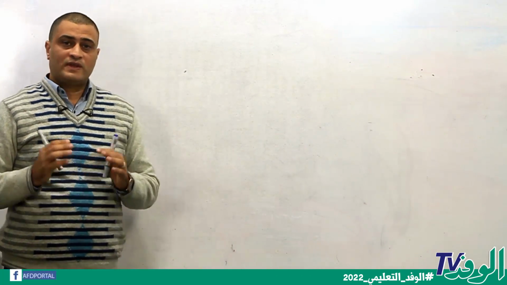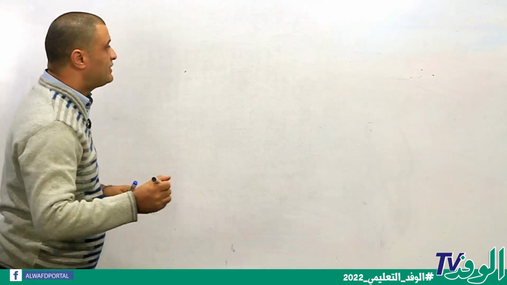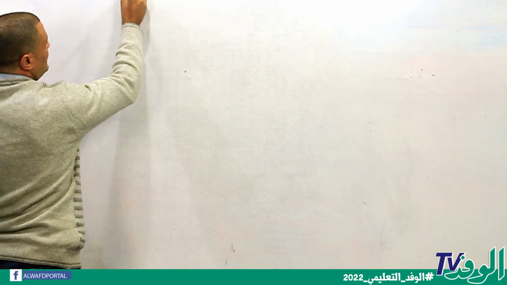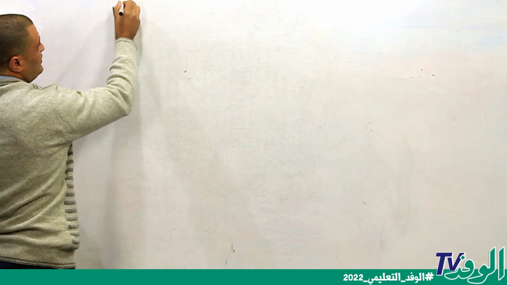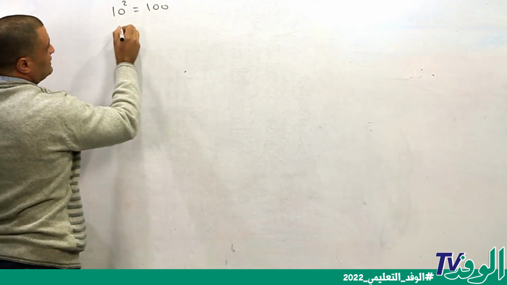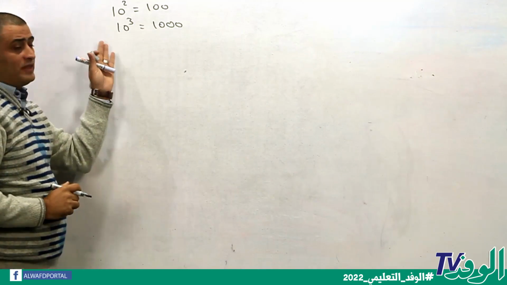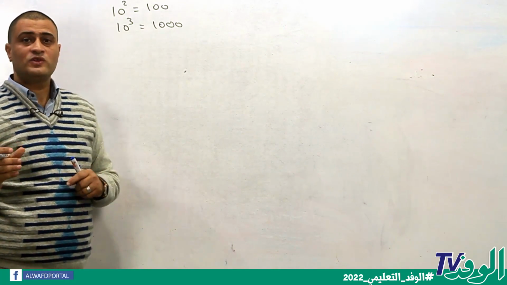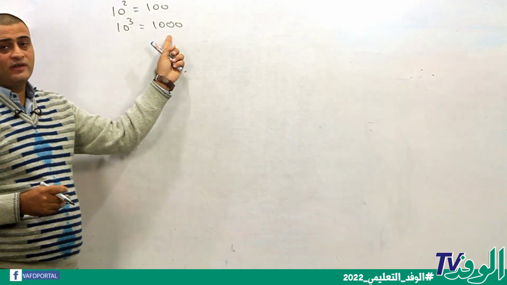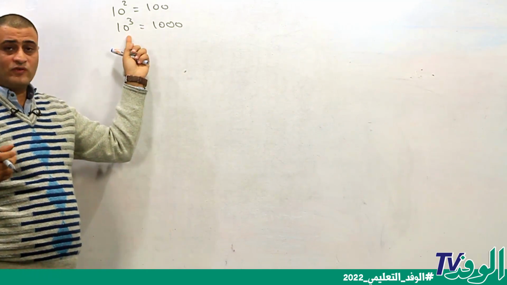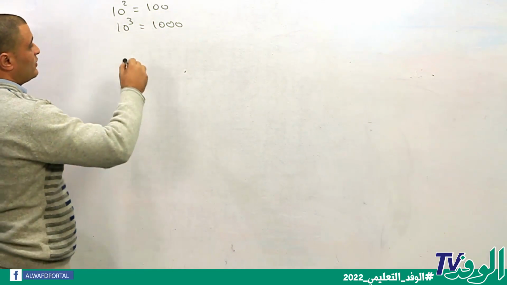Okay, number 3. Now we will discuss the standard formula. Here 10 equals 10 power 1, 10 power 2 equals 100, 10 power 3 equals 1000. This 10 power a certain number is called the standard formula. So if I want to express 1000, it can be written as 10 power 3, and 100 as 10 power 2. What about another one?